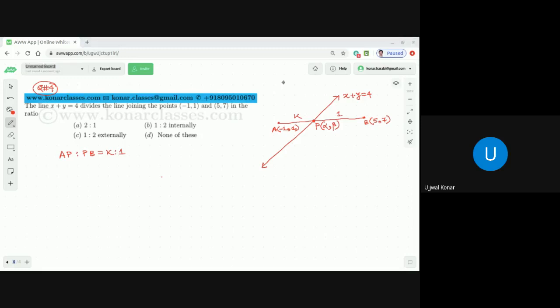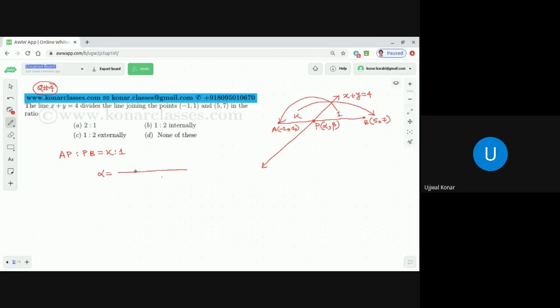Now how can we find alpha? As we know, K should be associated with the coordinates of the point B and 1 should be associated with the coordinates of the point A.